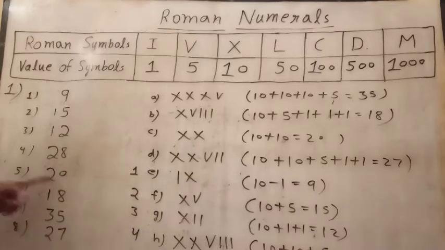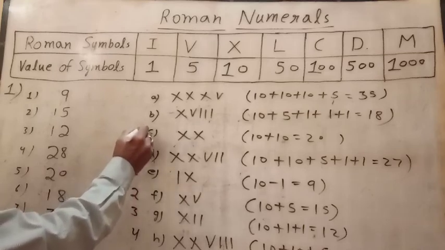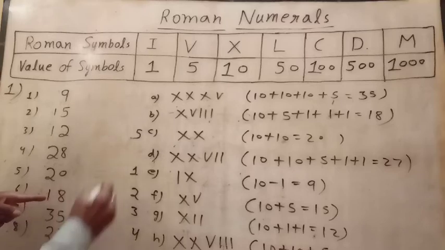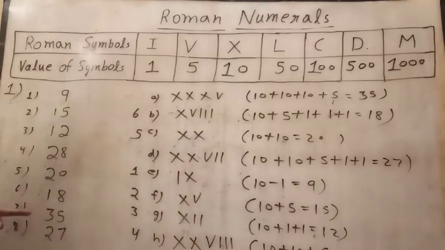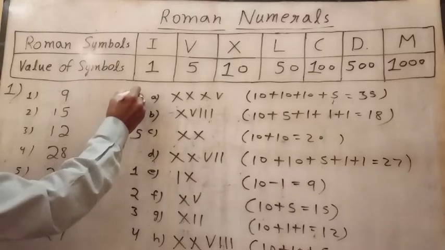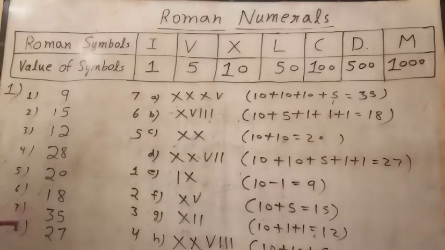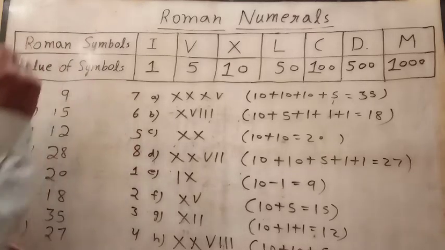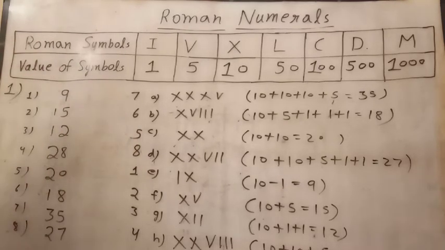Clear? 20: 5C. 6, 18. Now where is 18? 6. 7, 35. 7, 35. 8, 27. See how easy it is. Very easy.